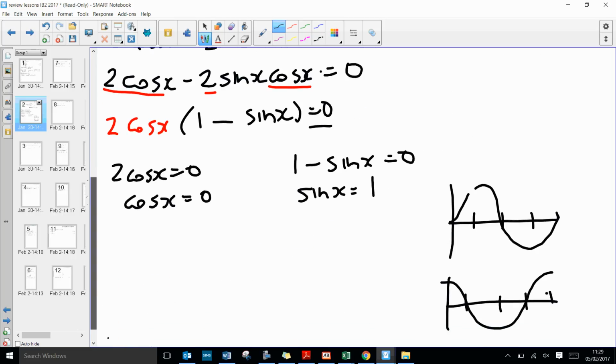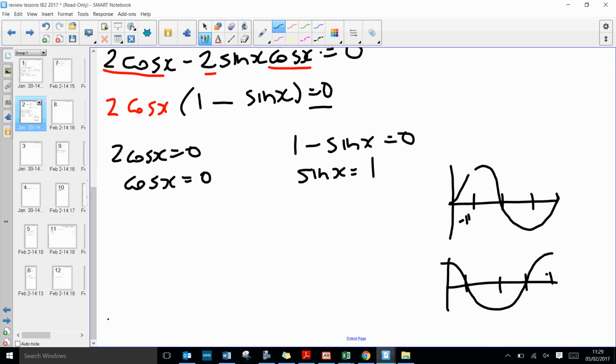So this would be pi over 2, pi, 3 pi over 2, and 2 pi. But we do need to keep going to 5 pi over 2 and 3 pi. Two more here. Okay, so this was our sine, and this is our cosine.